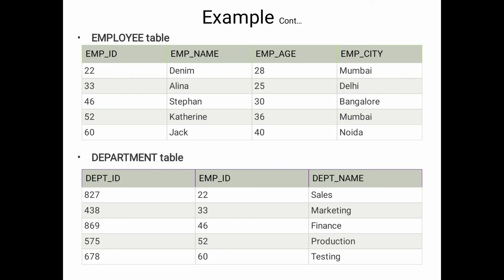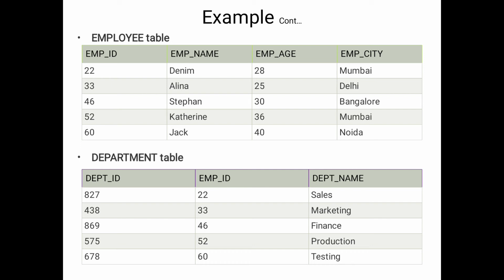How will we identify whether the decomposition is lossless or not? Please remember one point: after the decomposition, please apply the intersection. If we get any answer, then simply say that it is lossless decomposition. Suppose the employee table is considered as the R1 table and the department table is considered as the R2 table.